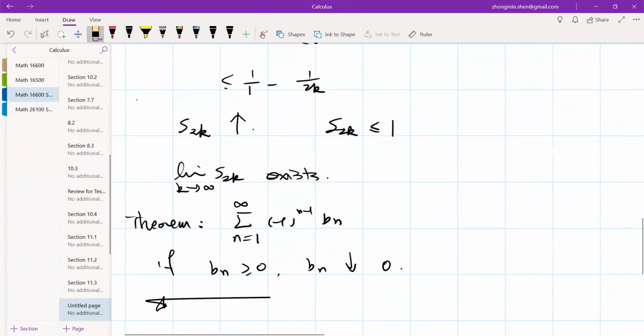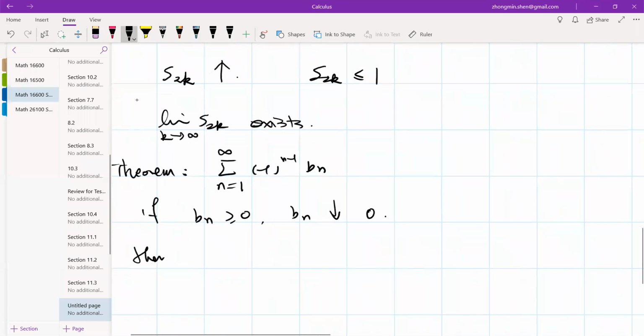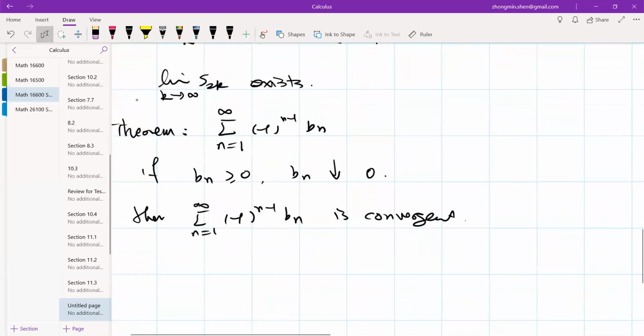Then this series is convergent. The idea is already given for the above specific problem, so I'm not going to prove it.